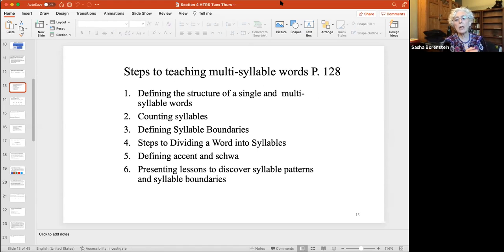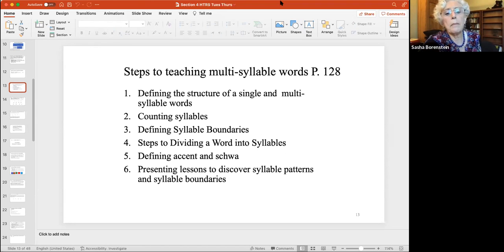And schwa is a technical term that defines the sound of the vowel in the unaccented syllable. It is a skill which we have to teach explicitly, because if we leave it to chance, it's a very difficult thing for students to spell vowels in unaccented syllables. And then looking at all of those 5 skill areas and presenting it in lessons about syllable patterns.